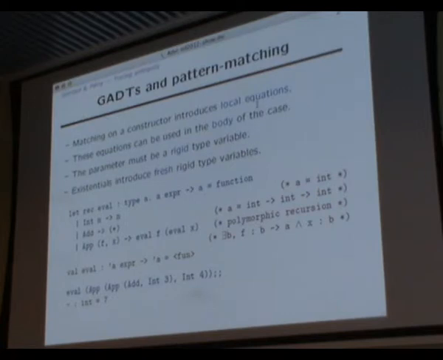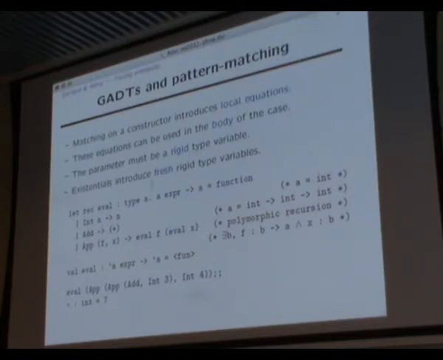When you match on a GADT constructor, this introduces local equations in the body of your pattern matching, which you can use to type it. In our system, the parameter must be a rigid type variable so that you can refine it. And on the other side, if you have existentials, you will introduce fresh rigid type variables.